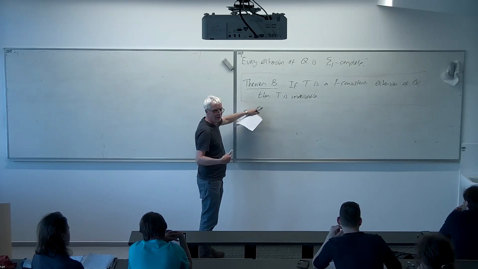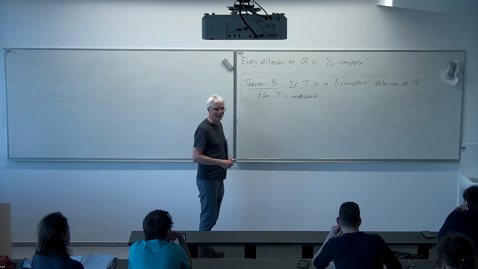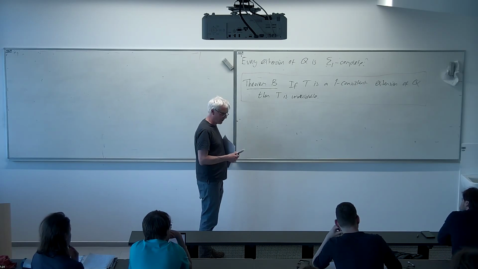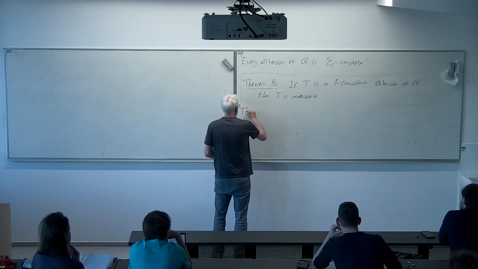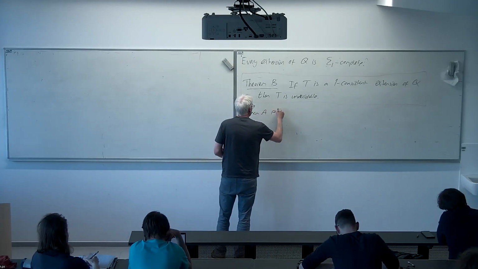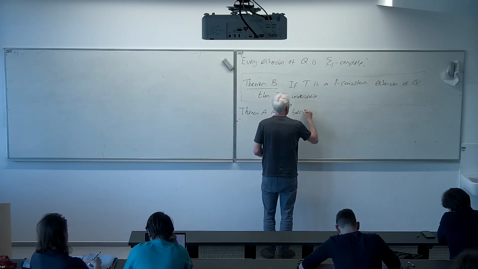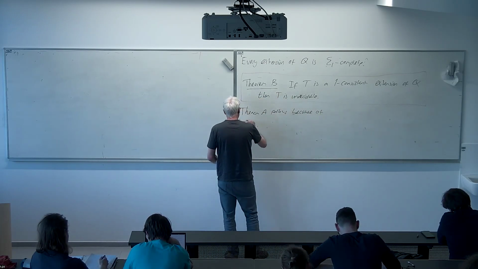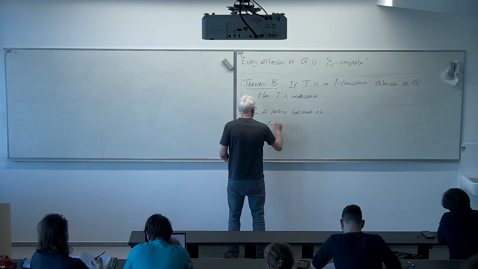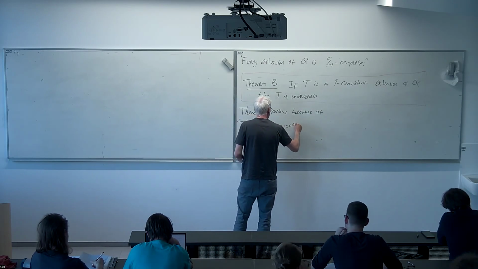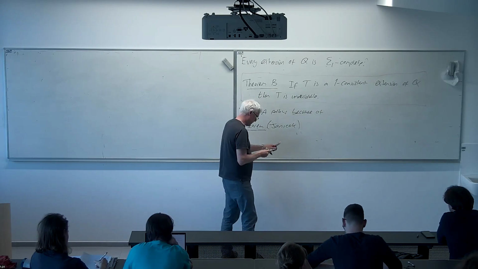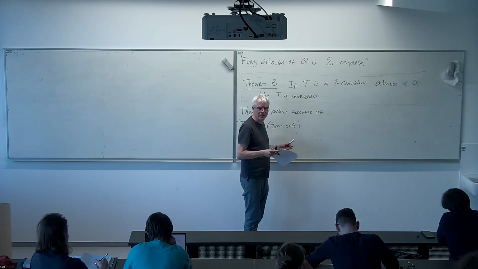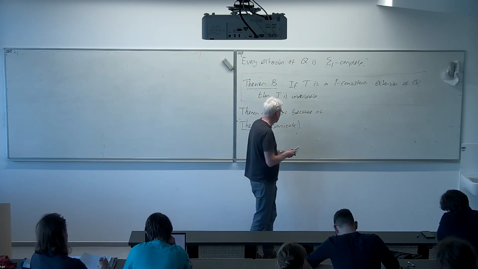Can anyone see what the link is between theorem A and theorem B? It's something we did 2 weeks ago. The model theory, decidability by model theory. So theorem A follows because of, let me just remind you then, Janicek's theorem said that if you have a complete, computably axiomatizable theory, then you're decidable.